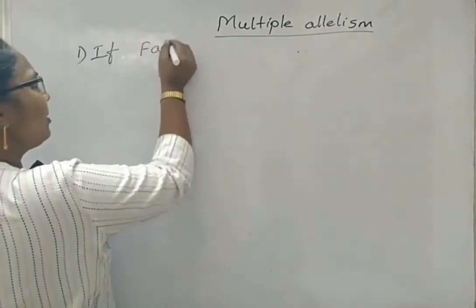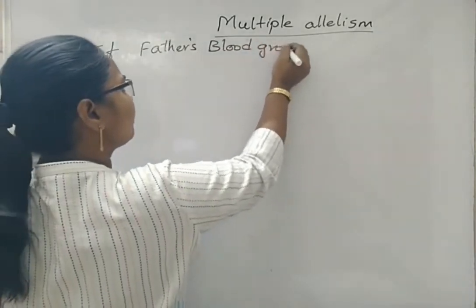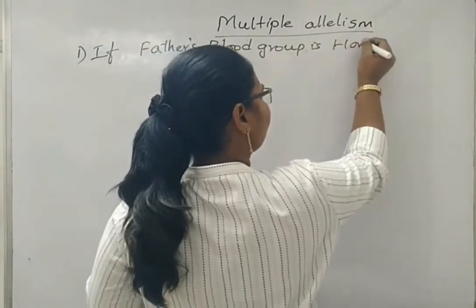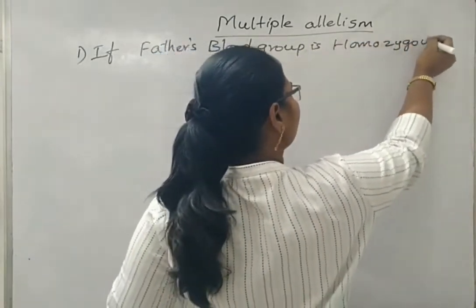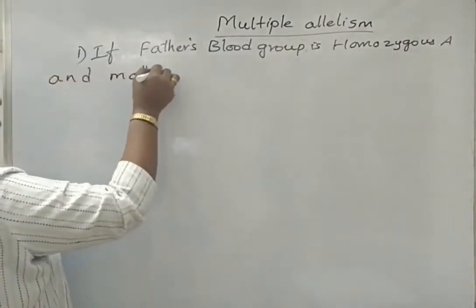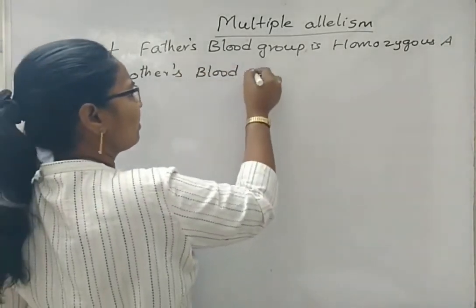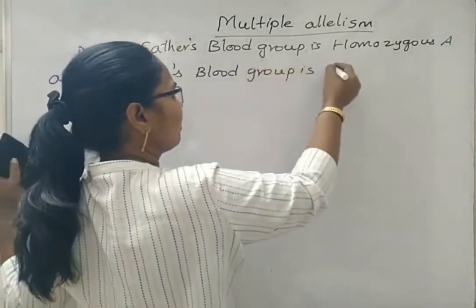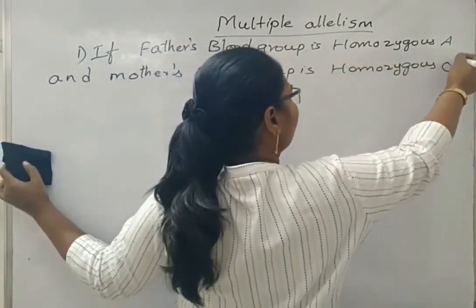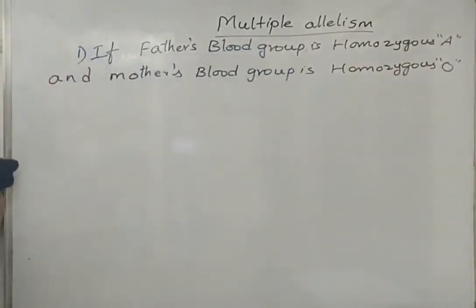Now, if father's blood group is homozygous A and mother's blood group is homozygous O, then what is the probability of type of blood group in children?